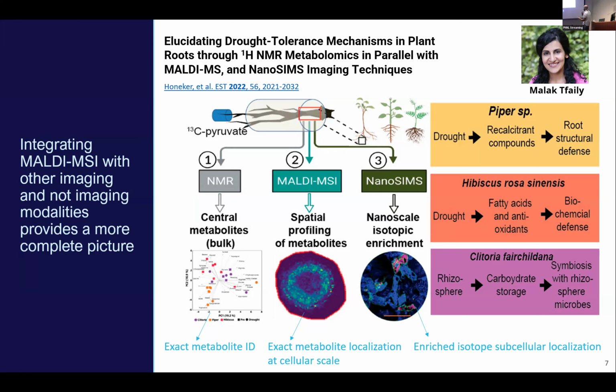We can reveal, for example, where C13 carbon is enriched, because at the beginning of the experiment, plants were fed with C13 pyruvate. So we can reveal where that C13 enrichment went at the subcellular and cellular scale, connect that to the molecular formula and spatial localization that we revealed from MALDI mass spectrometry imaging, and then correlate, and from there reveal what exact metabolite ID got enriched, and in what type of cells in this particular root cross section.